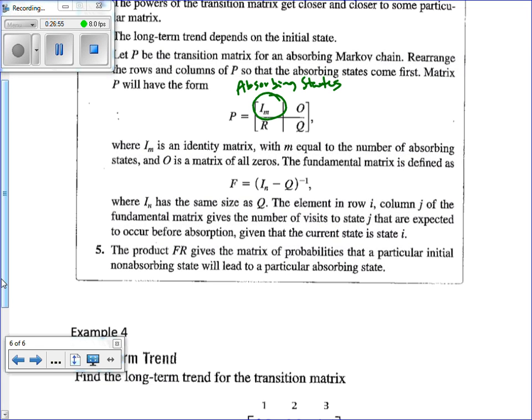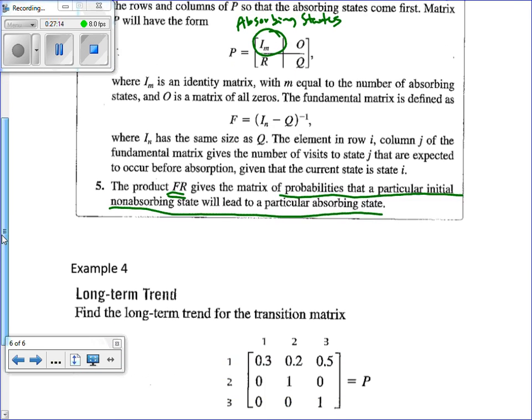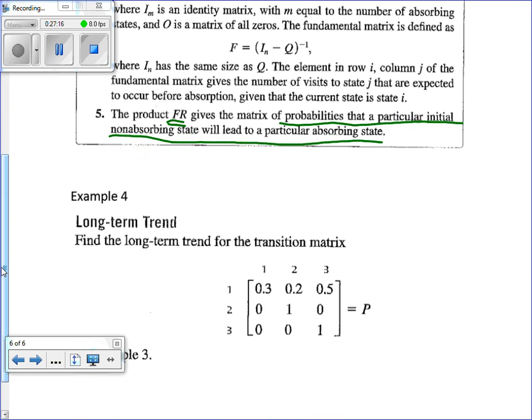And then once we get F, you're going to see F times R, and that's going to be the probability that a particular non-absorbing state will enter an absorbing state. Basically, what's going to be my outcome of the game if I'm at state 3 or state 4 and so on.